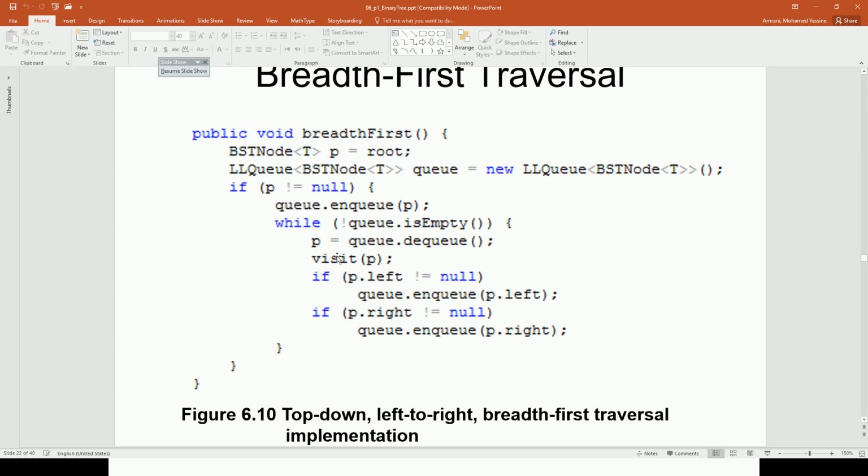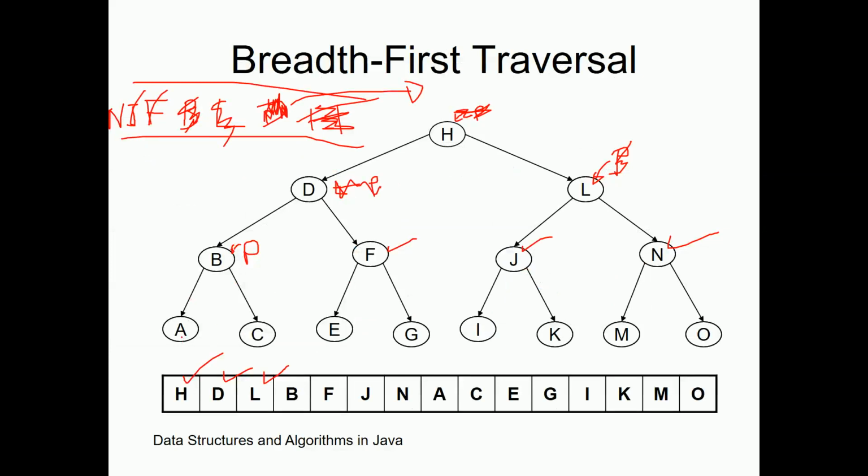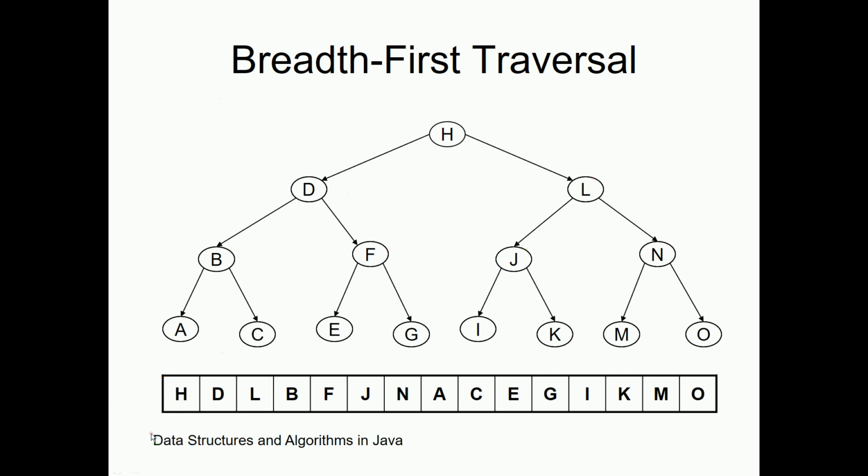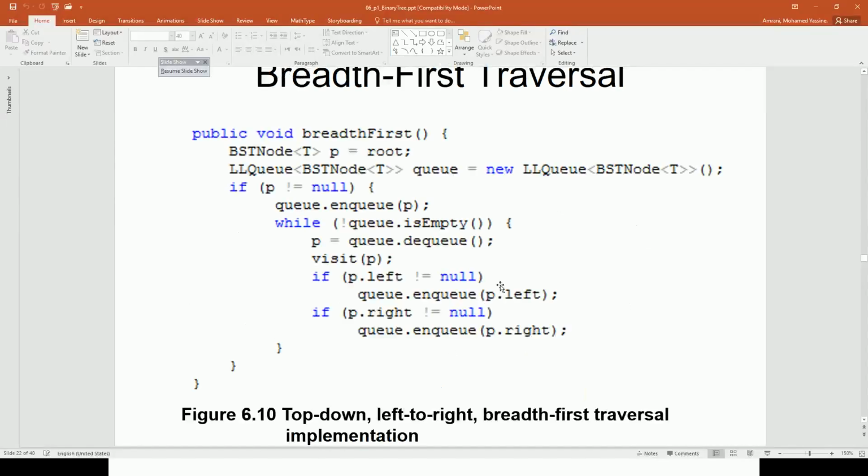And what I have done is I would have just visited each one of the nodes one level at a time, from the left to the right. If I would like to do it from the right to the left, for example, if I'd like to display H, L, D, N, J, F, B, etc., what should I do here?